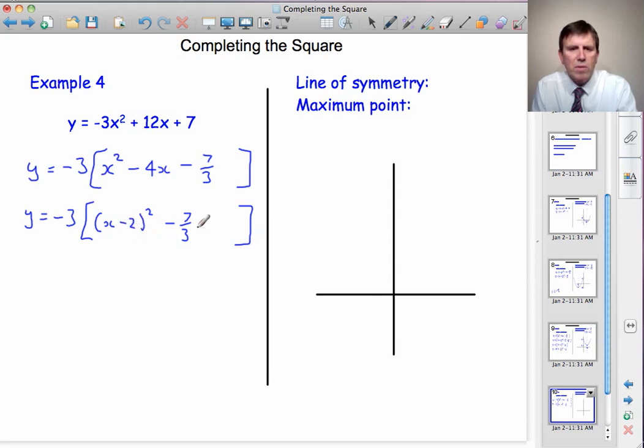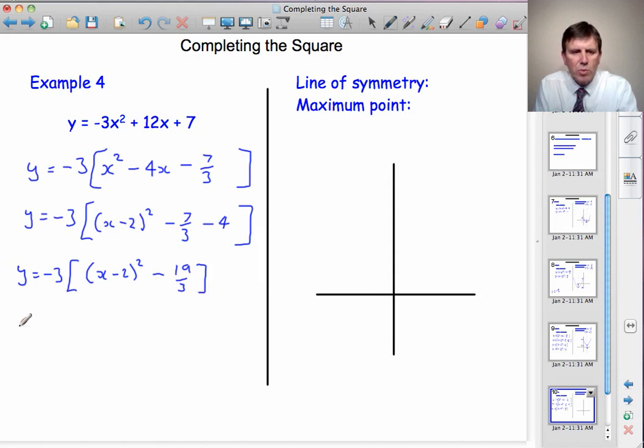Minus 2 squared is plus 4, so I need to subtract the 4. Y equals minus 3 square bracket x minus 2 squared. Now then, minus 7 over 3 minus 4. Put the 4 in thirds and we get minus 12 over 3. So it's minus 7 over 3 minus 12 over 3, which is minus 19 over 3.